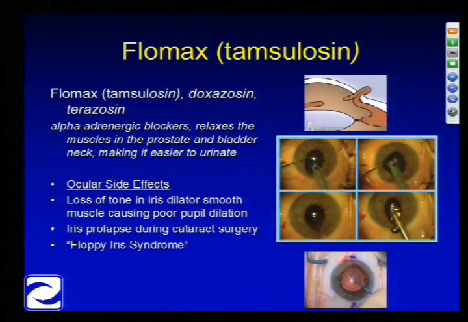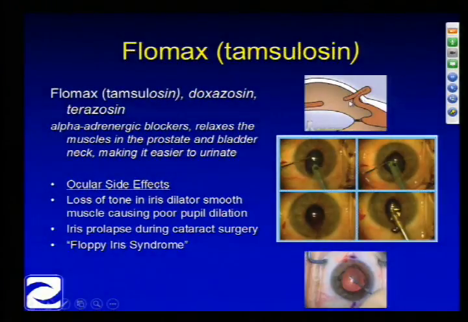But the problem for us is that it keeps the pupil from dilating well. And it also causes what we call floppy iris syndrome, where the iris becomes really thin and doesn't maintain its normal tone. And so when we're doing cataract surgery, it tends to want to pop out of the eye, and you can see that happening here.